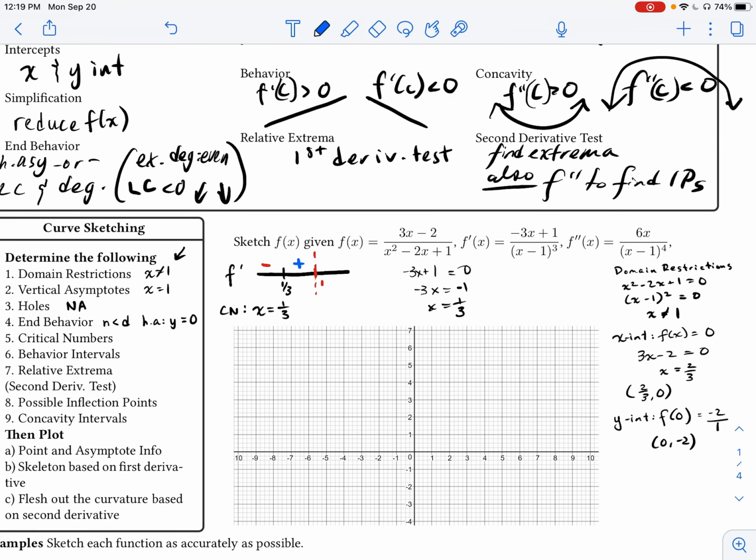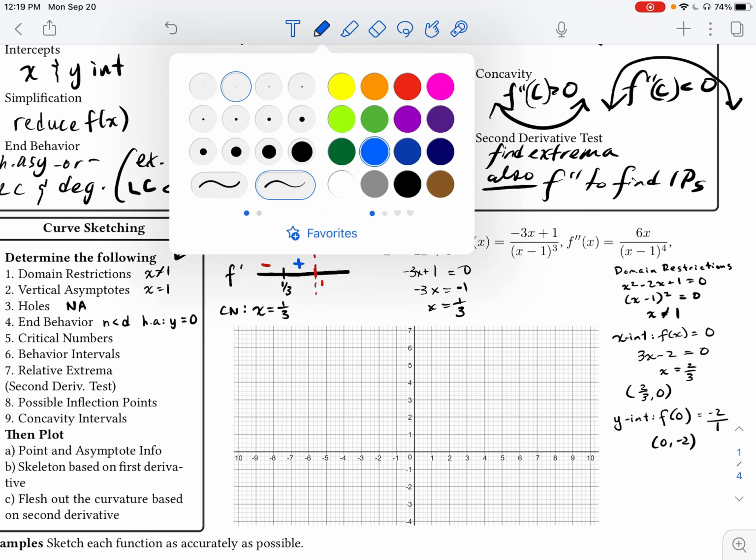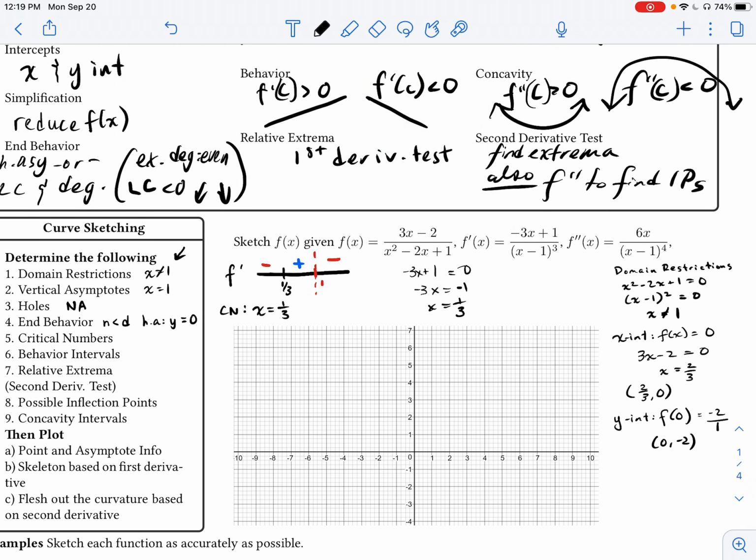And if I try something greater than 1, like 2, I'm going to get negative over positive, so this is negative here. What does that mean for us? It means that my function goes from decreasing to increasing to decreasing. So we can keep all of that in mind.